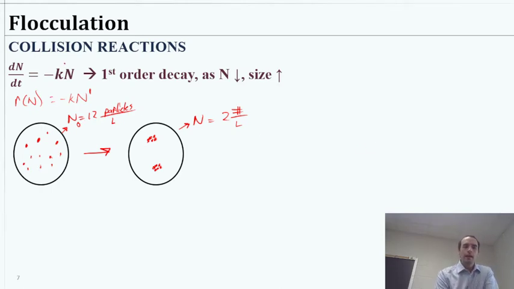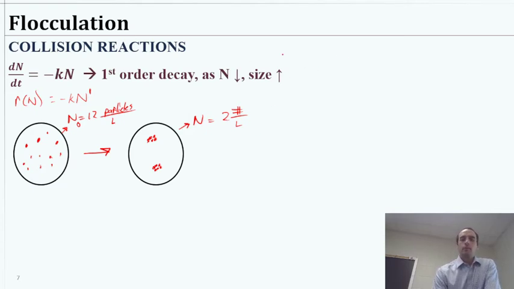And so this K is really what I was talking about when I was saying, okay, well, let's find what that K depends on. That's where the mixing intensity is going to come in, as well as some other parameters. Okay, so this then can give us a way to describe flocculation in a larger chamber, right? Because this is our rate equation, we can put that into a mass balance.